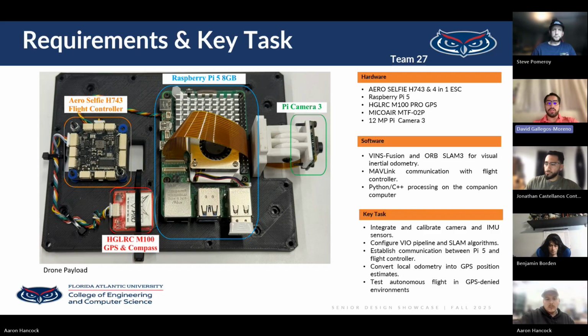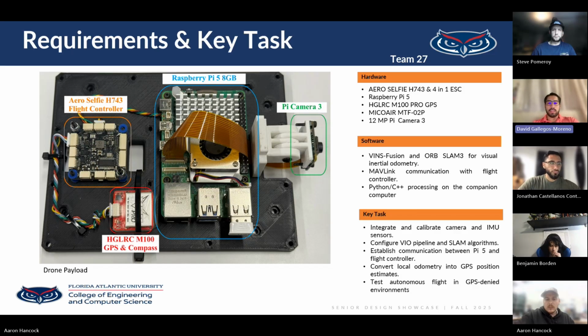Our software, we did use VINS-Fusion and ORB-SLAM 3 algorithms for visual inertial odometry. We use MAVLink communication from QGroundControl to get it to communicate with the Raspberry Pi 5. In the Raspberry Pi 5, the pipelining is processed in mostly Python, some C++.